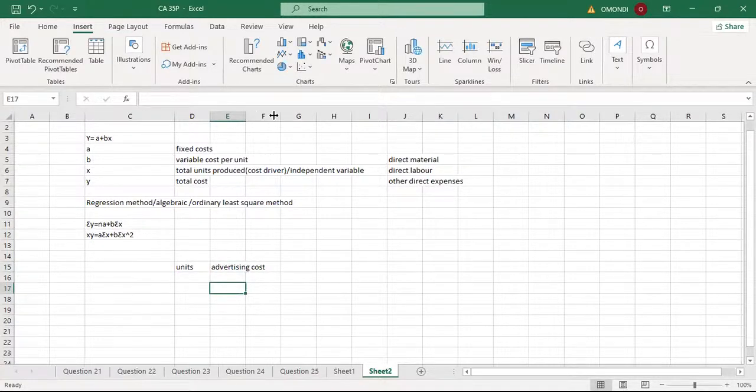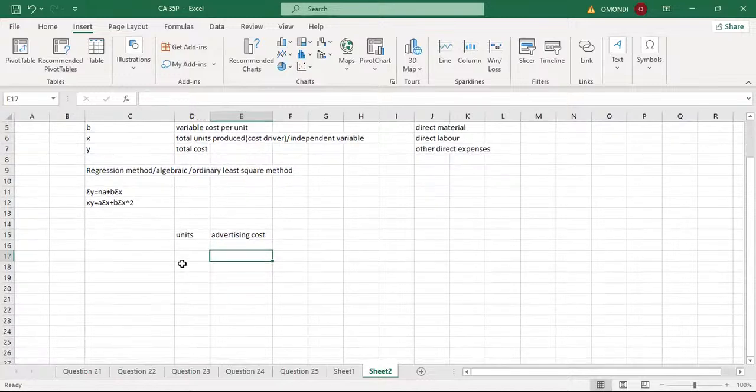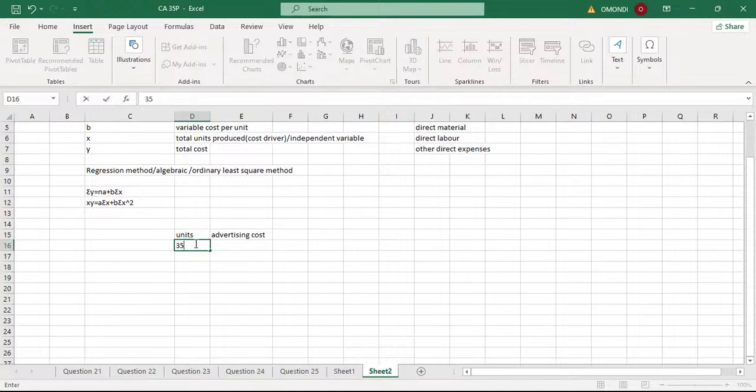We want to do this one here for 6 months. So the first category of units, let's now have this, all of us. We are going to have 35. When we sell or produce 35 units, we are going to spend a total of 3,420 to advertise these units.